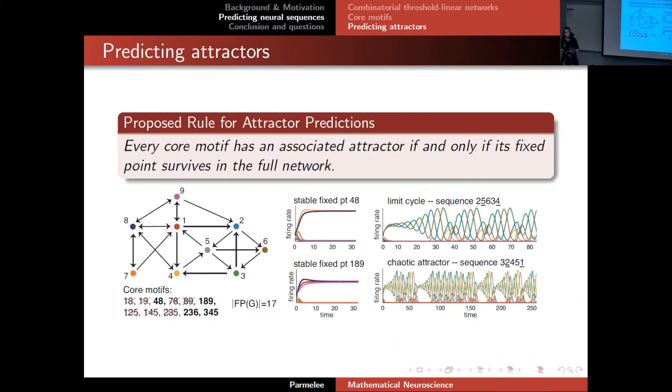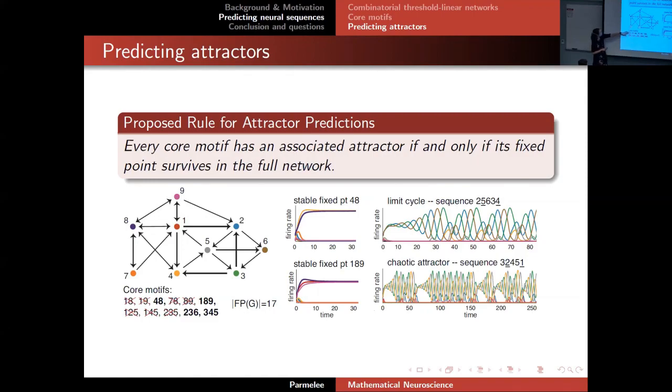So here's our proposed rule, right? Every core motif produces an attractor if and only if the fixed point, or that equilibrium point that it's corresponding to, survives in the full network. Okay, so I want to talk to you about what survival means. Thinking of this giant network here, there's a bunch of core motifs hidden in it. So 1, 8, that's a 2-clique, so that's a core motif, but it doesn't have a corresponding attractor.